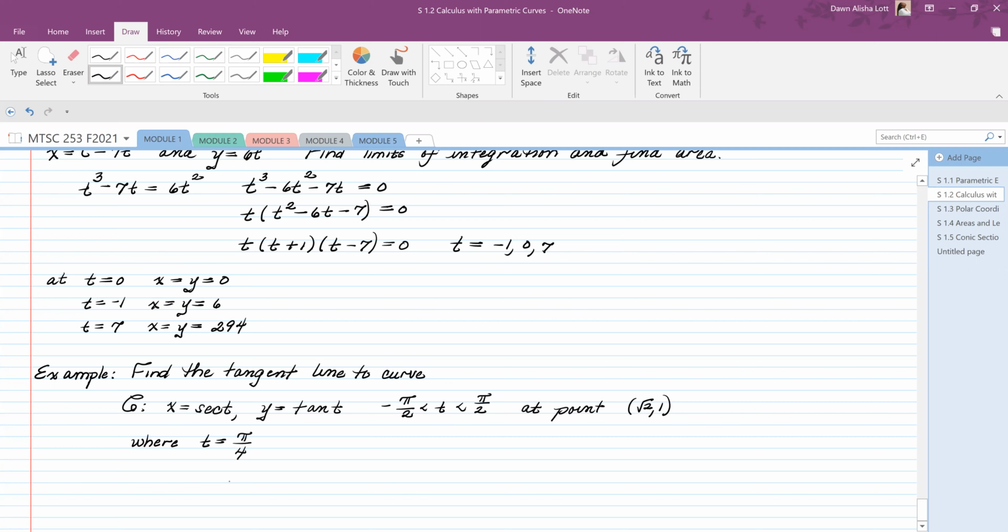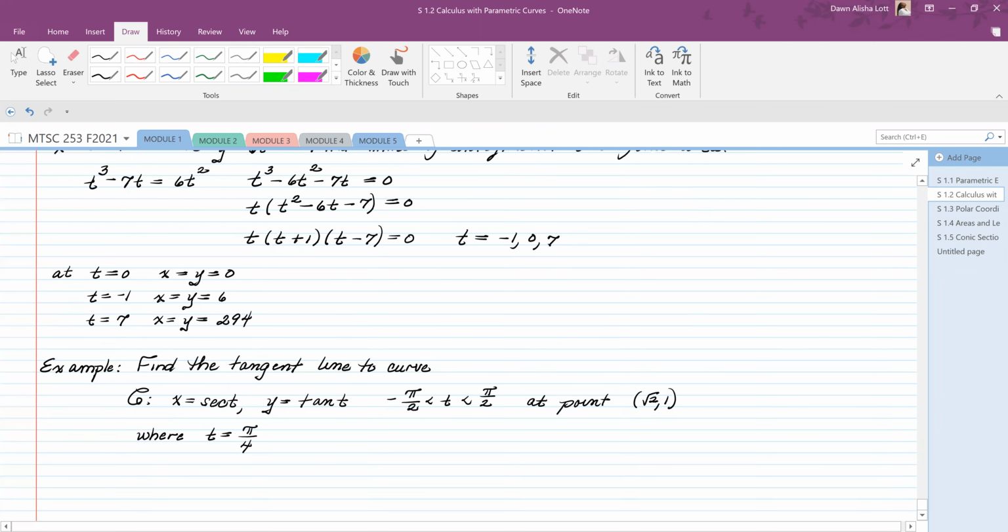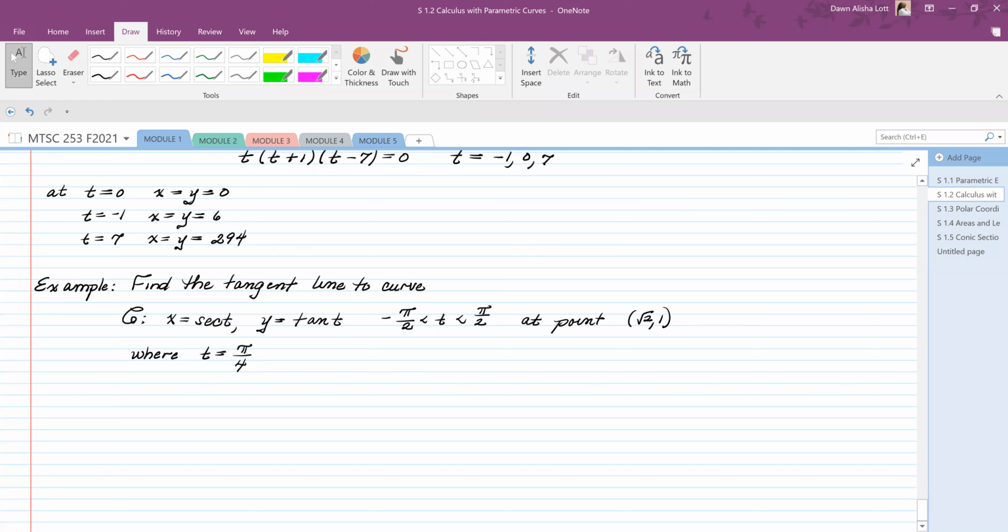Okay, so I want to find the tangent line. So I give you the point on the Cartesian curve, square root of 2, 1, and it's at that point when t is equal to pi over 4.